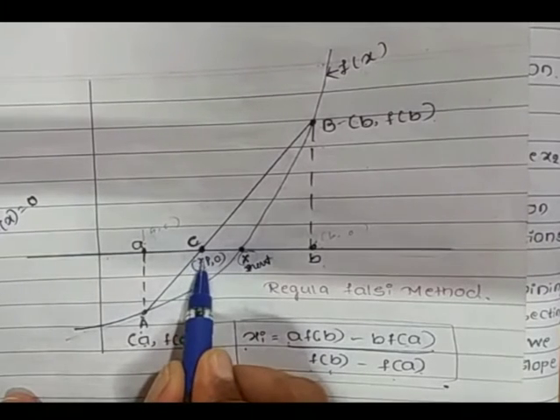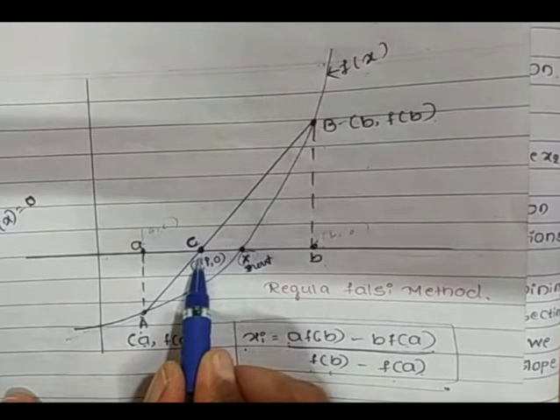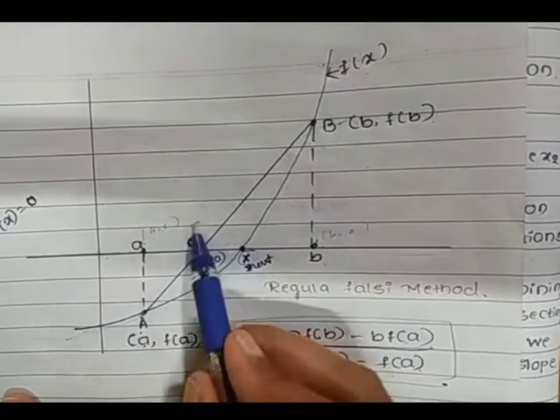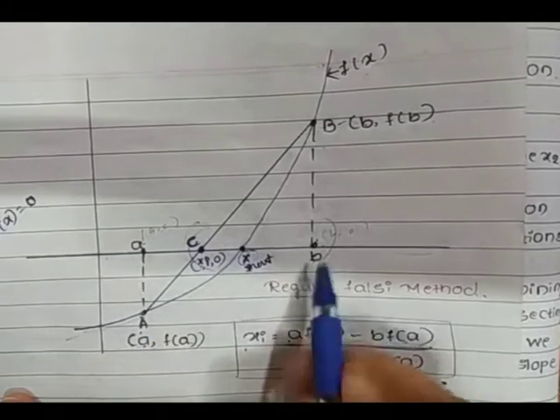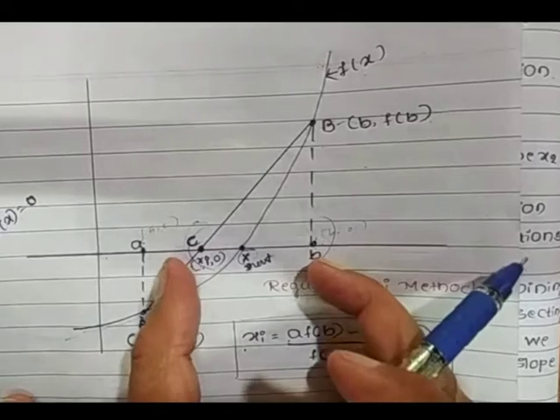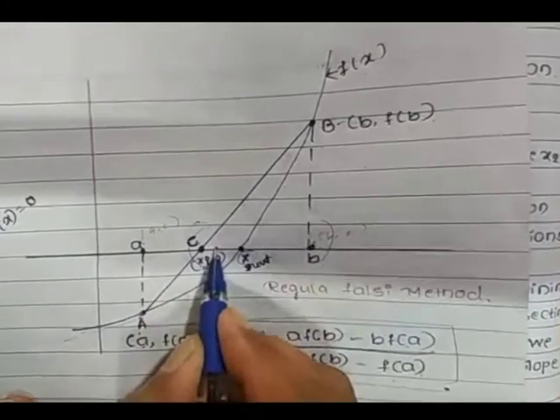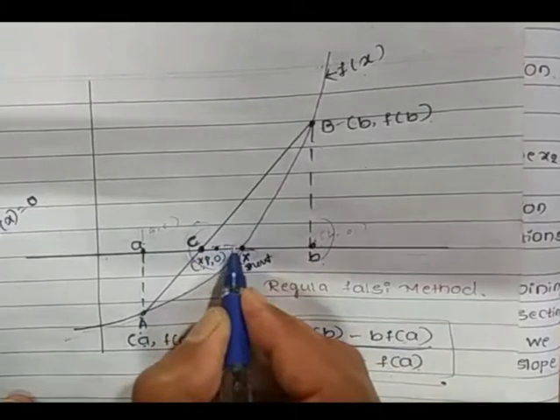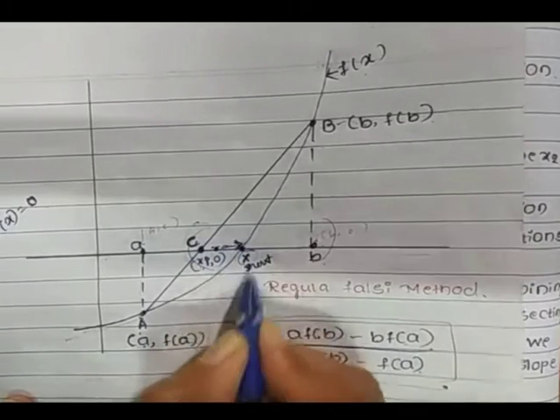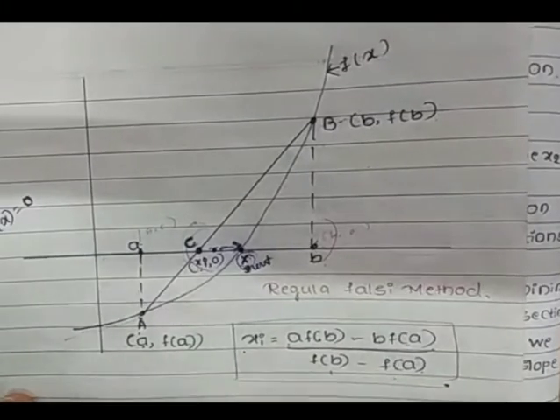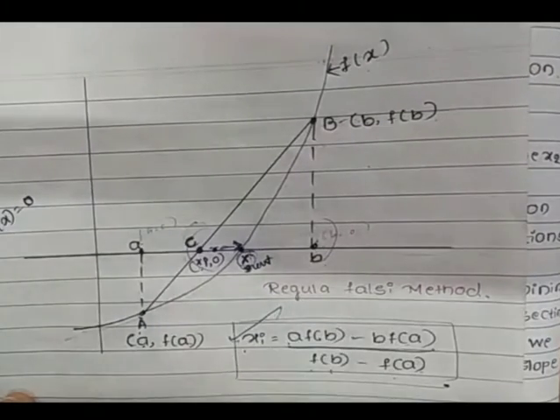Based on whether f of xi is positive or negative, the next interval we consider, suppose it is xi and b. First this is the interval, then it will reduce to xi and b. Again, when we consider the next approximation, one more point will be obtained and again the interval will be reduced. In this way we come near to this x value. So based on that, we get the approximate x value using this particular formula.